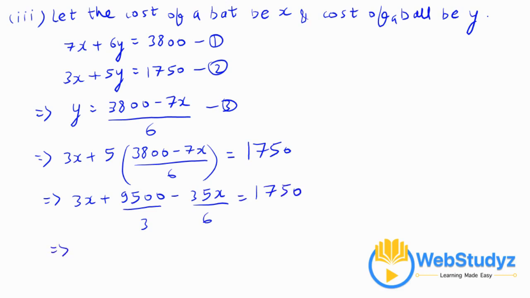Again, we can write this as 3x minus 35x by 6 is equal to 1750 minus 9500 by 3.